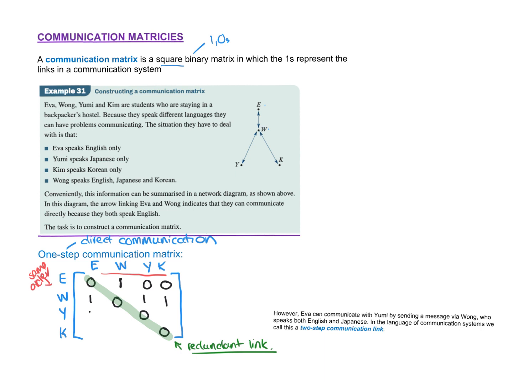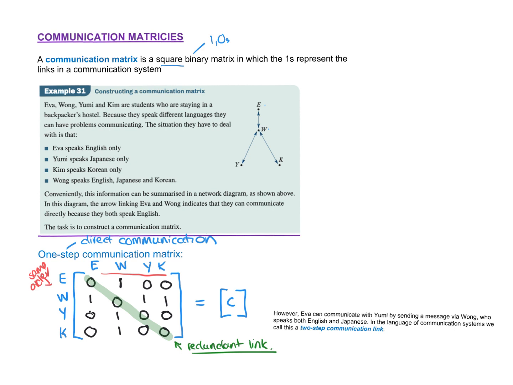Yumi can only talk to Wong, and Kim can only talk to Wong as well. Okay, so that is our one-step communication, and we often represent that with a capital C. So we'll say C is our one-step communication matrix.